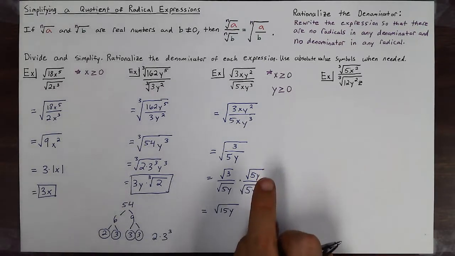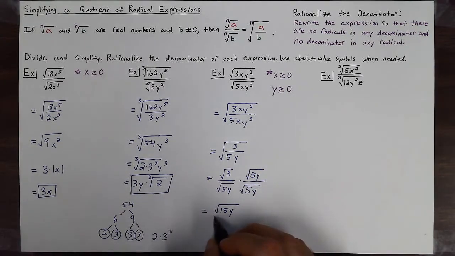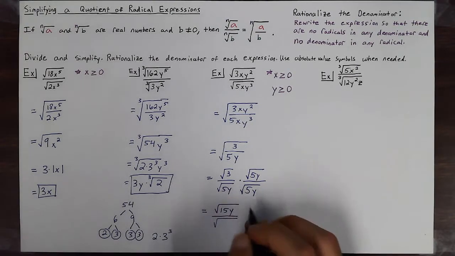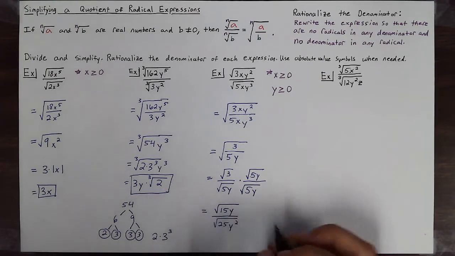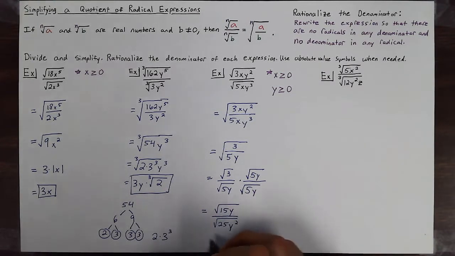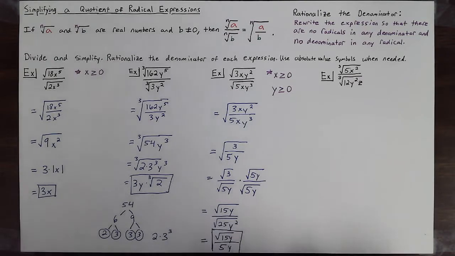And again, I'm assuming y to be positive, all over the square root of 5 times 5, which is 25, and y squared. So my final answer is the square root of 15y over the square root of 25, which is 5, and the square root of y squared, which is y. So square root of 15y over 5y.